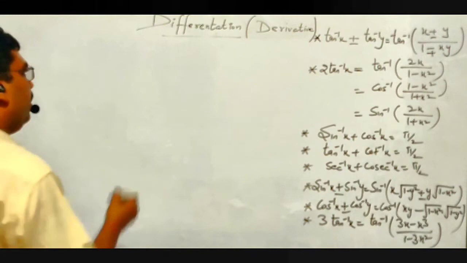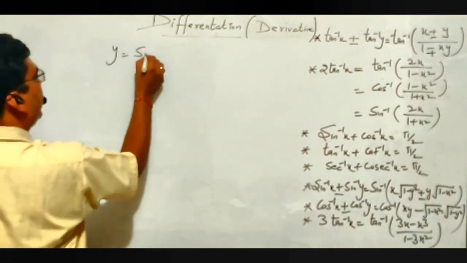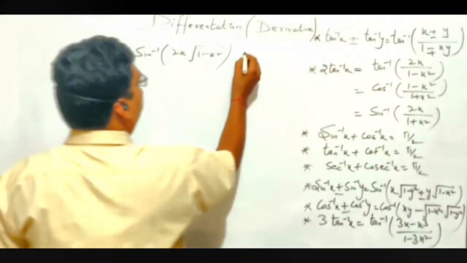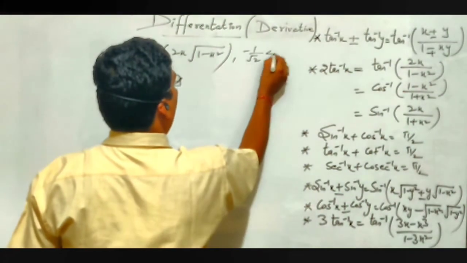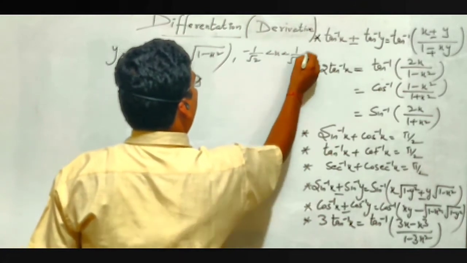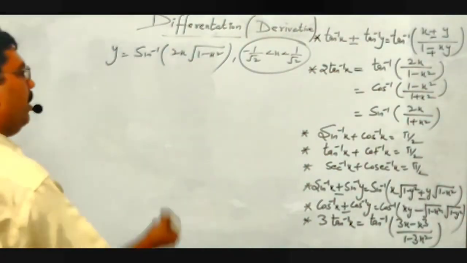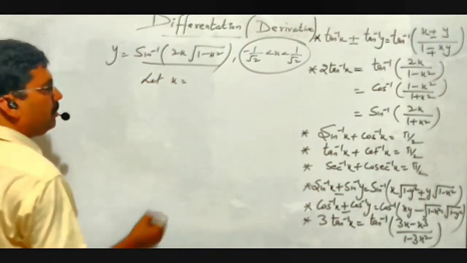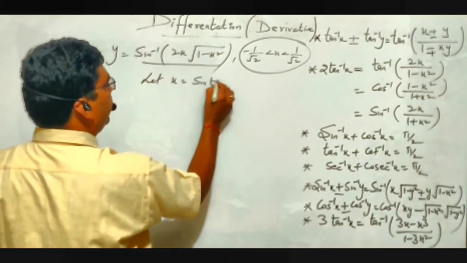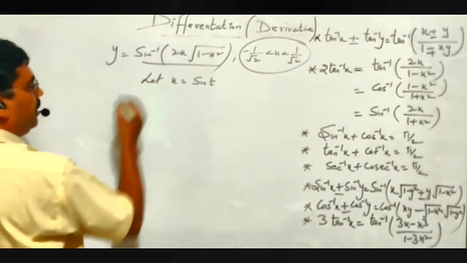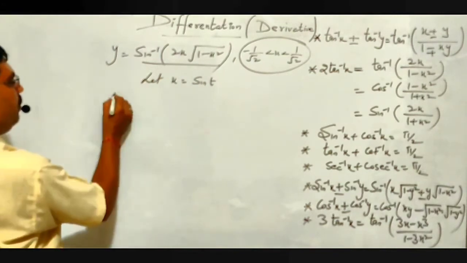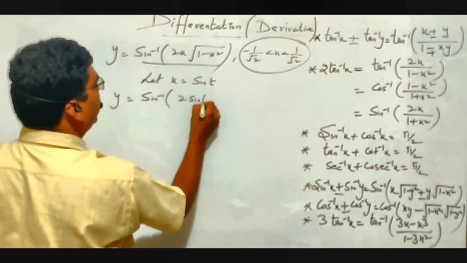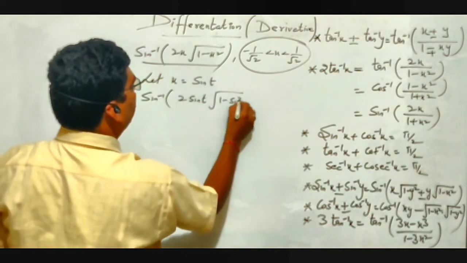The next example, y equal to sin inverse of 2x into root of 1 minus x square. The range is minus 1 by root 2 less than x less than 1 by root 2. That is also given. Now in this question, let x equal to sin t. Putting x equal to sin t, y equal to sin inverse of 2 sin t into root of 1 minus sin square t.